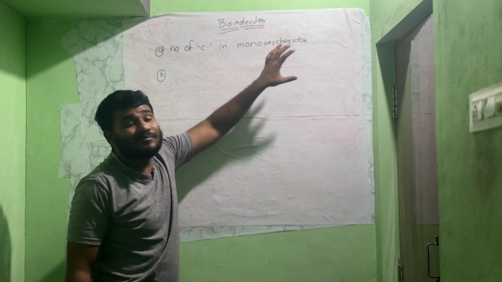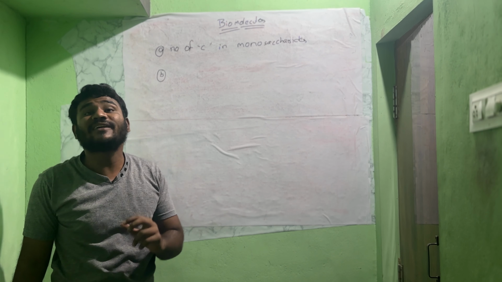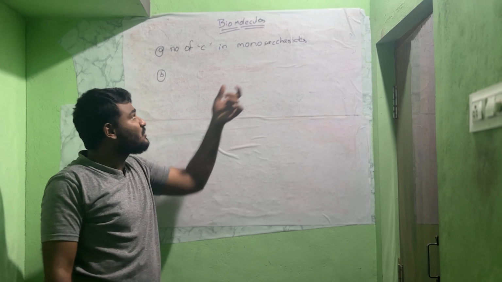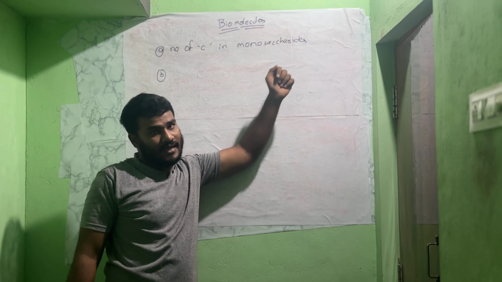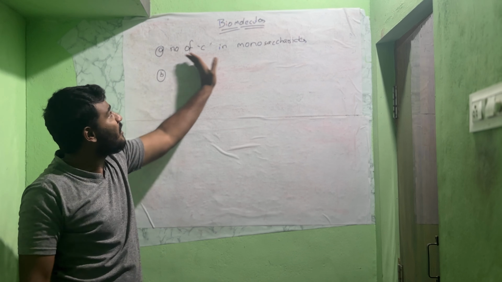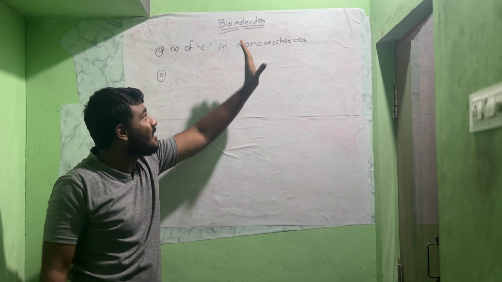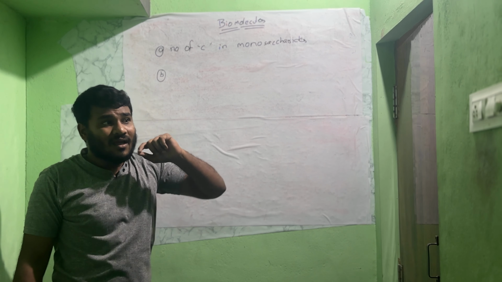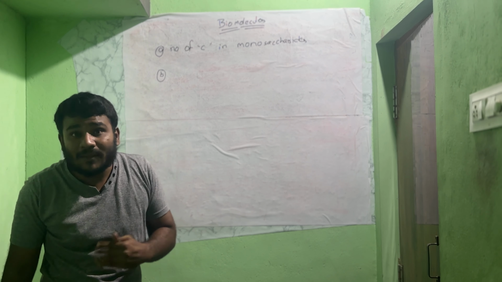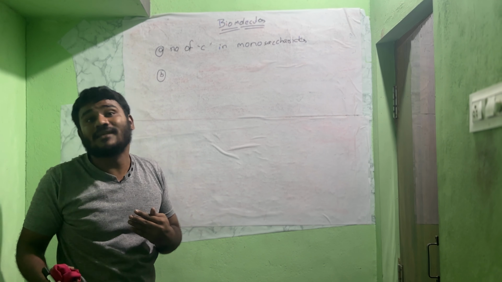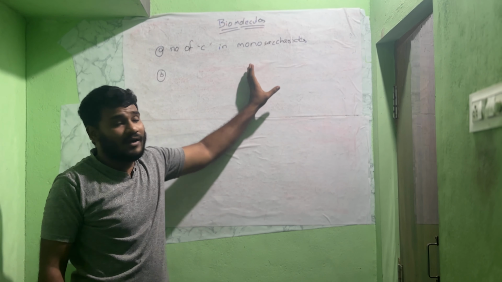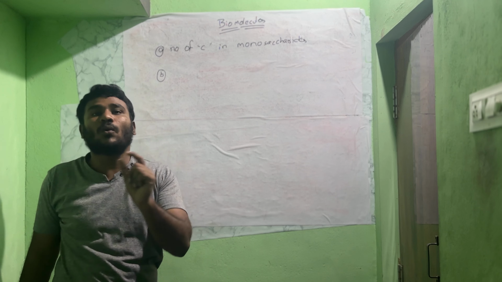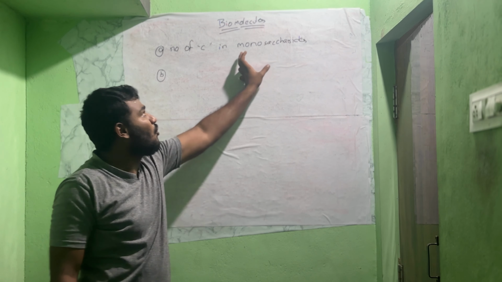Carbohydrates are generally sweet in taste, so they are called saccharides. What is a monosaccharide? A carbohydrate that can't be further hydrolyzed into simple carbohydrates is known as a monosaccharide.